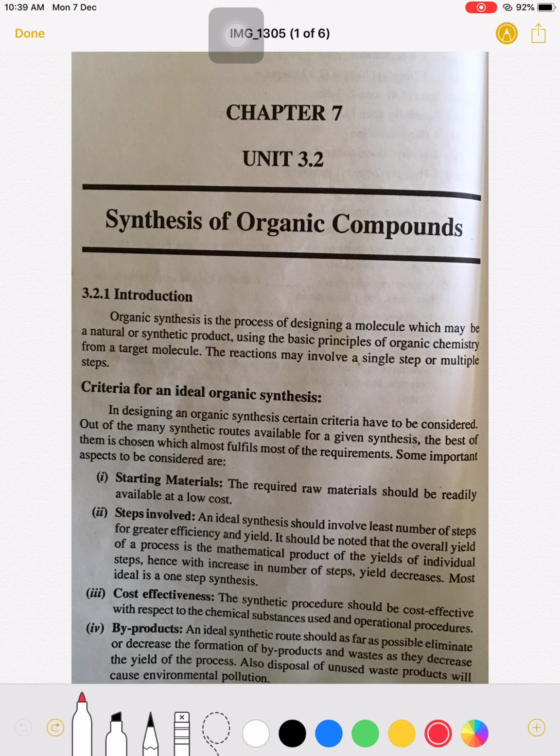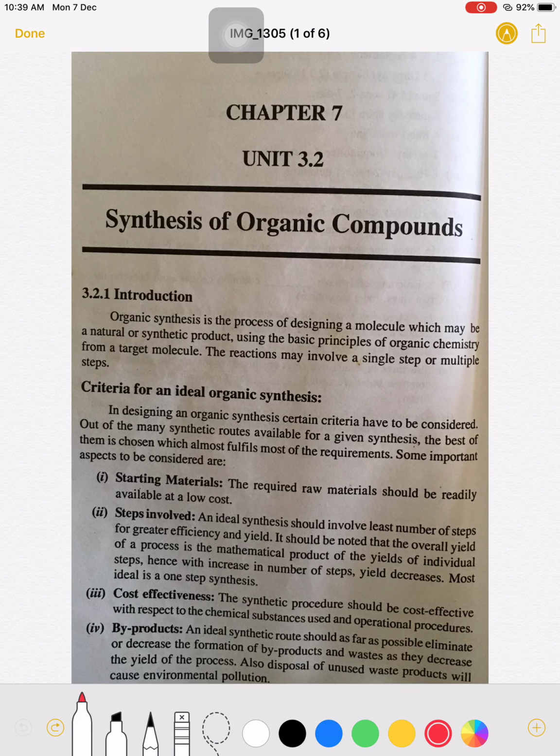Both are the same, but by using step 1, it requires, suppose, 10 rupees to synthesize a single tablet, and for the same tablet by using a different synthetic route, if it requires 5 rupees, then we are going to select the procedure which has the lowest cost. So the cost effectiveness must be considered while choosing the organic step.